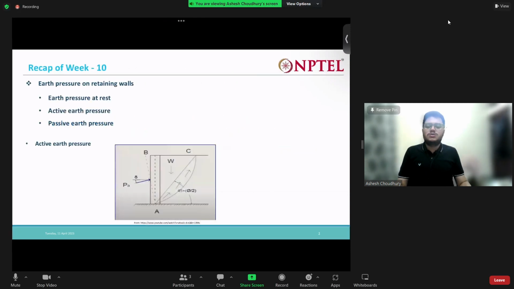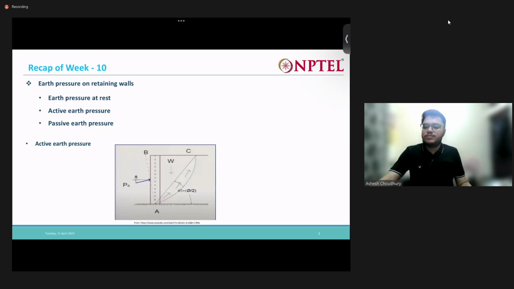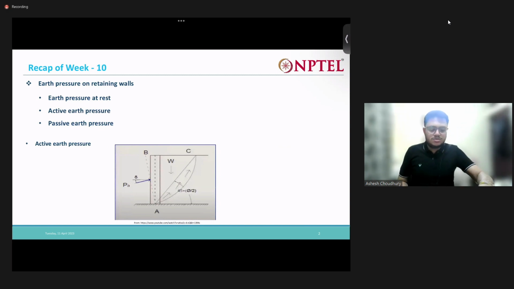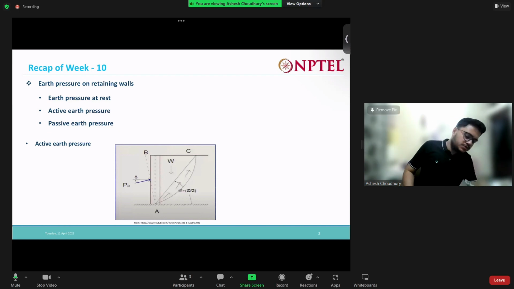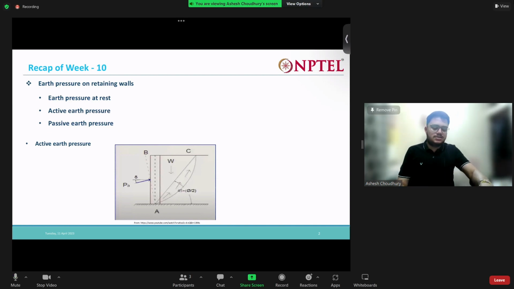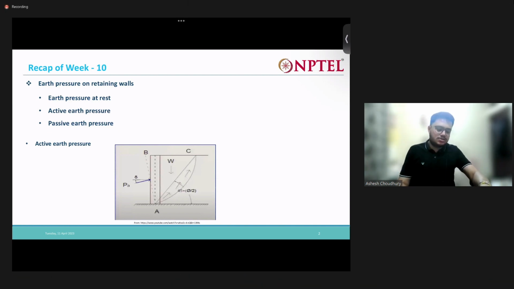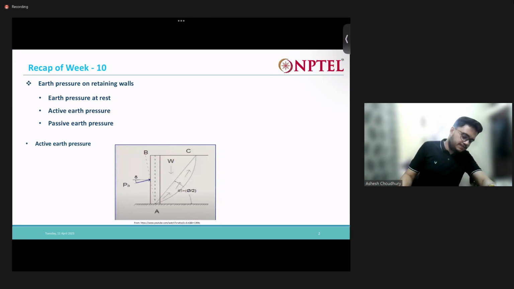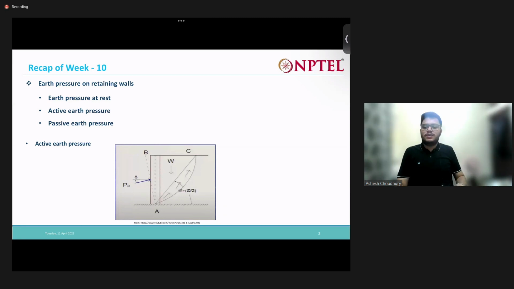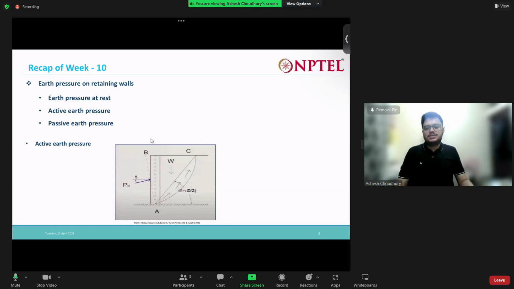Okay, so we are dealing with earth pressure on retaining walls, right? There are actually three types of earth pressure that can act on a retaining wall. The first one is earth pressure at rest.